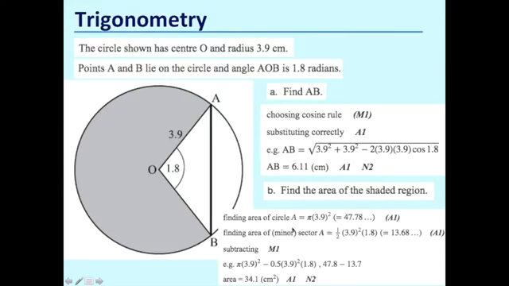So we can find the area of the circle using pi r squared to give us that, 47.78. The area of the minor sector is going to be, we've said, theta r squared over 2, that's the same thing here, which can give us 13.68. Subtract them and you will end up with the area of 34.1 centimeters squared.